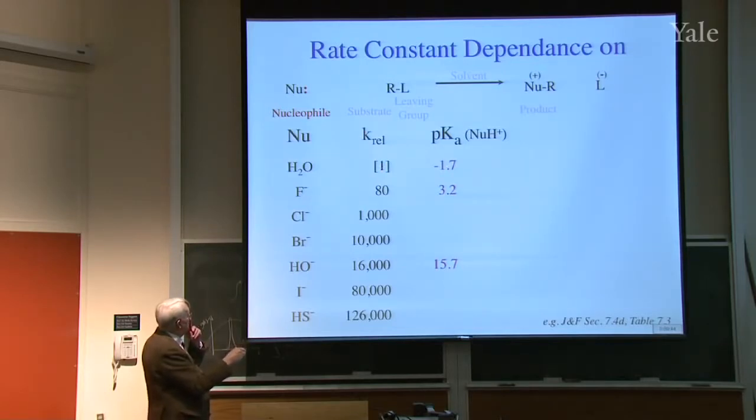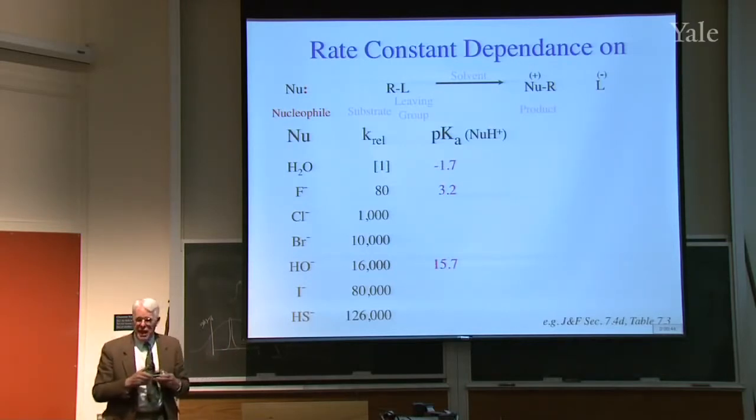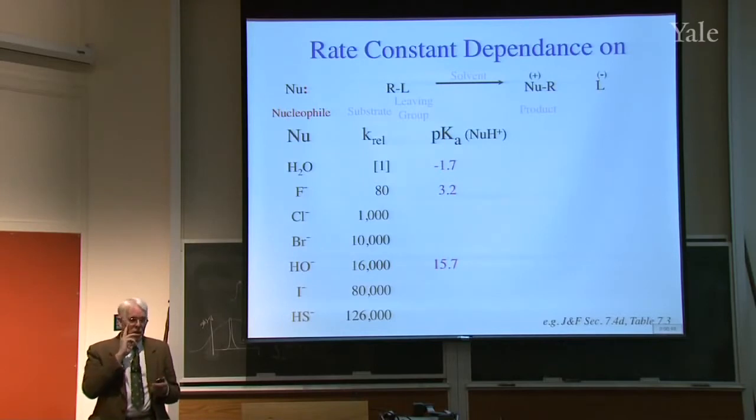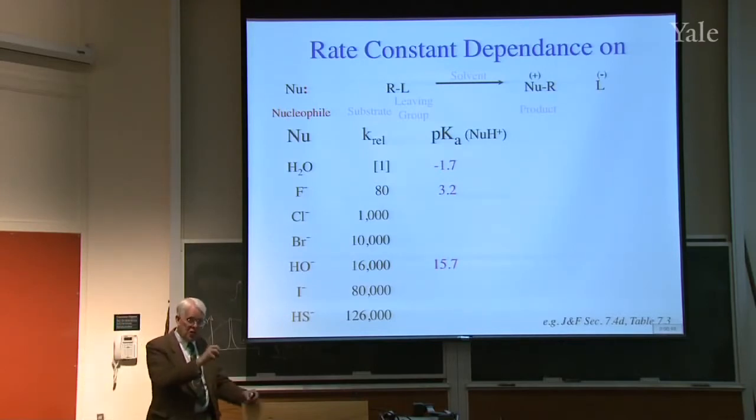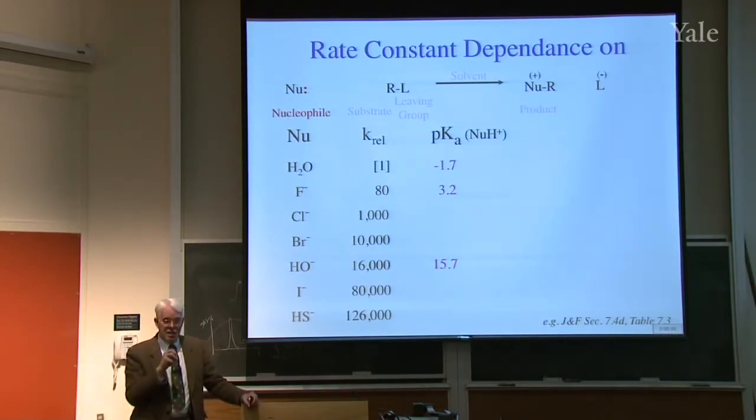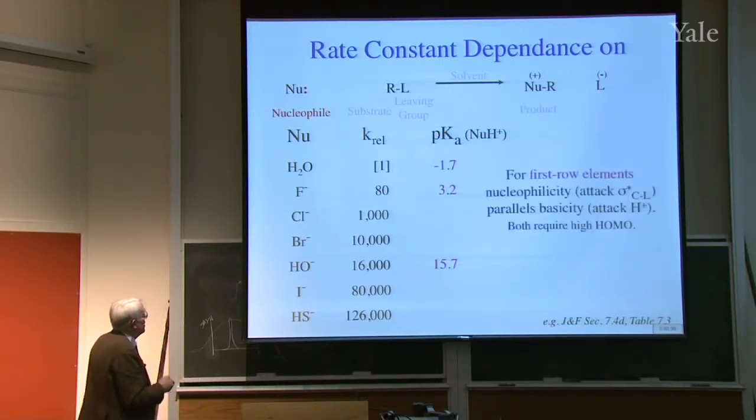Is that right? A weak acid is fast. Is that reasonable, or is that backwards? Seems like it'd be backwards. A weak acid means it holds onto a proton tightly, right? But it also, we see, is holding onto attacking a carbon well. So that makes sense, right? That makes a lot of sense, okay?